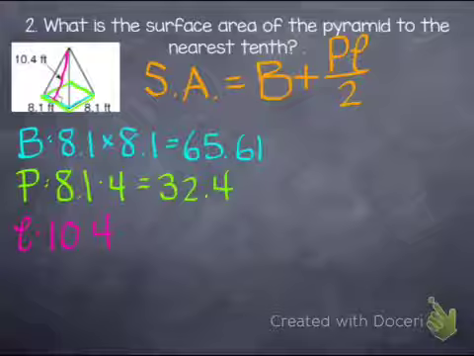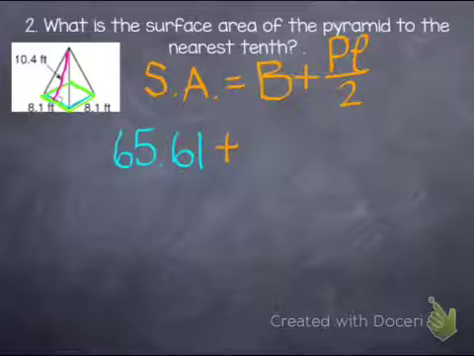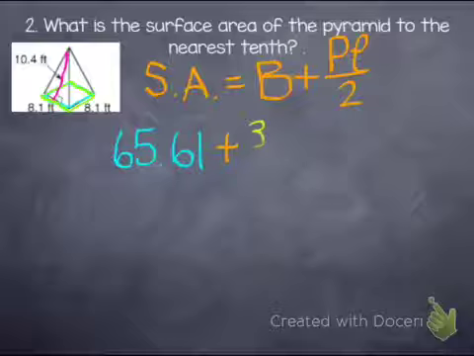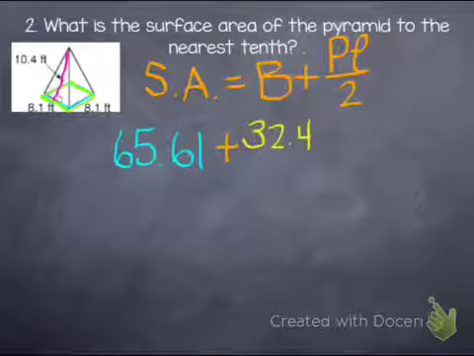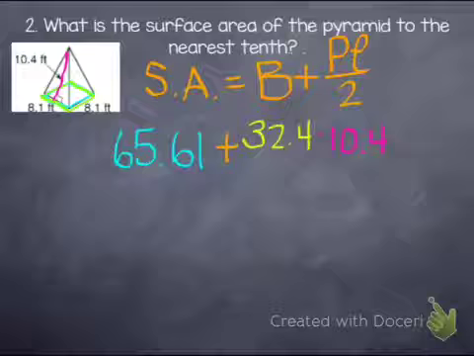So now that we have those, we can come back to our formula. So we had B, which is 65.61, plus our perimeter, which was 32.4, times our slant height, which we found to be 10.4, and all of that is divided by 2.